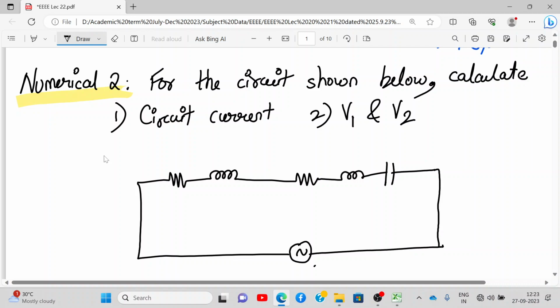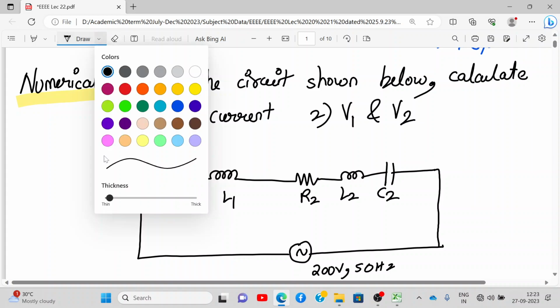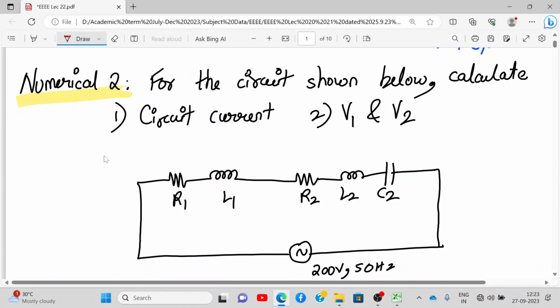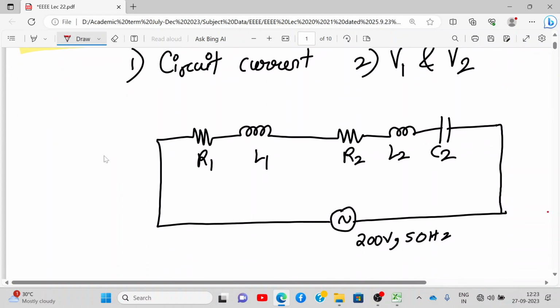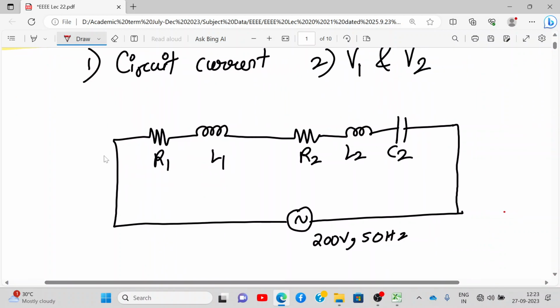So this voltage is 200 volt, 50 hertz. This is R1, L1, R2, L2, C2. Let me show you the bifurcation. This is V1 and this is V2.